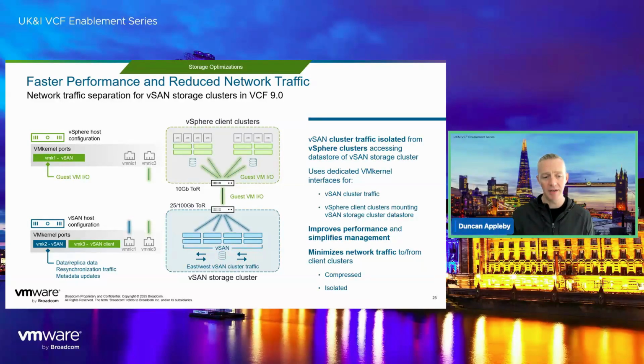So all of our client clusters communicate with the vSAN storage cluster over the vSAN client VMkernel port. And all of the back-end traffic, so data resynchronization, replication traffic, and those meta updates, all happen over a separate set of networks. What it means is that when there is potential for contention, that goes away and we can control it. So much better performance, throughput for both client and back-end traffic.